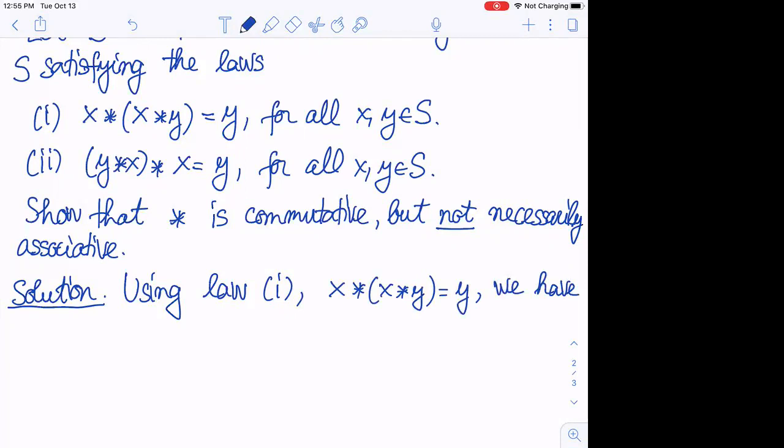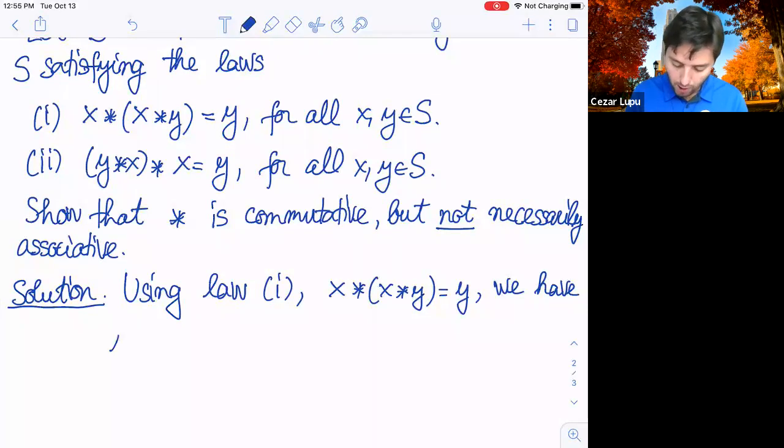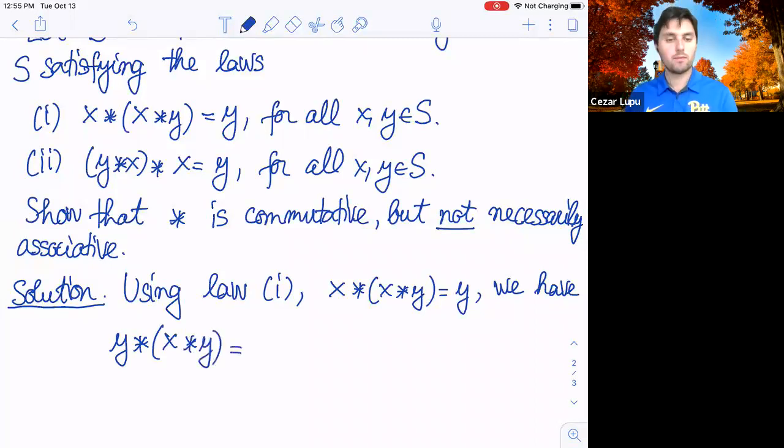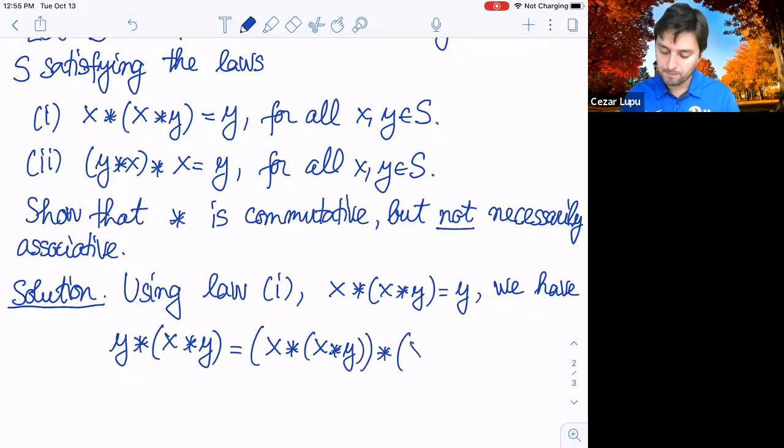Let's see, we have Y star X star Y. So this guy will be X star Y star X star Y, using the first law.